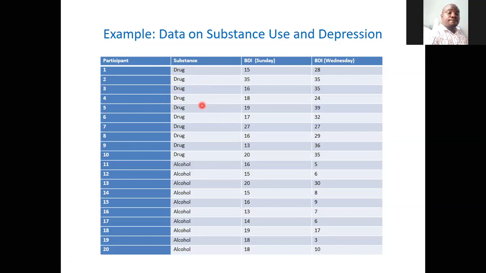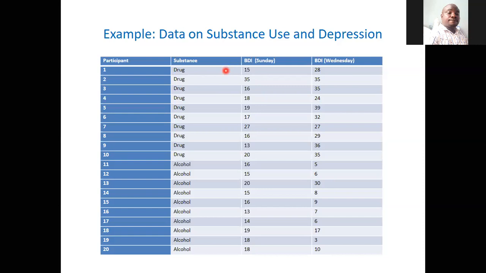The outcome variable here is depression score. But what differentiates the people that took drug? Because this person wants to compare the depression among drug user and alcohol user.